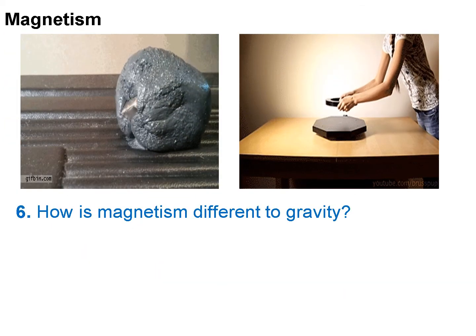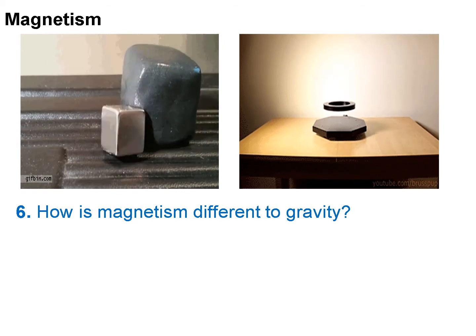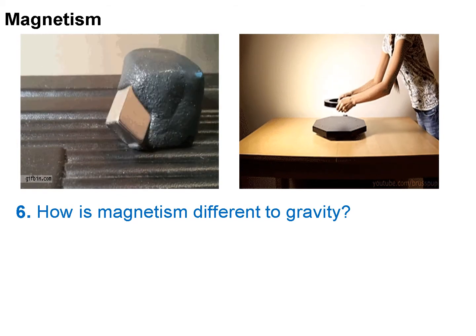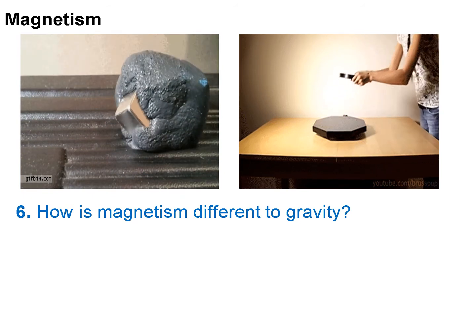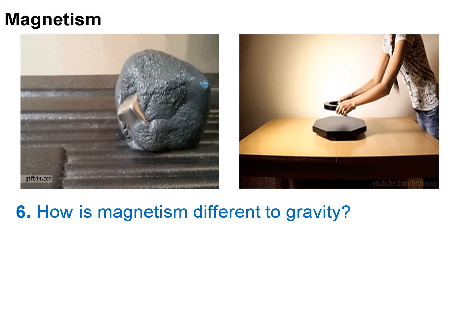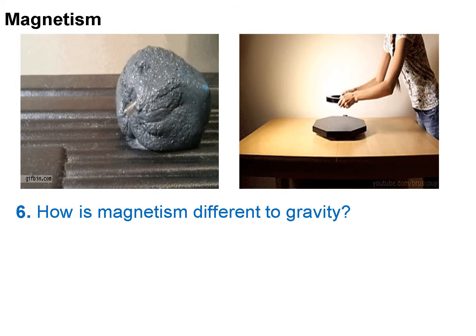Magnets and magnetism. We will look at magnets and magnetism in a later topic. We'll look at them in lots more detail, but just in terms of thinking about the force that they can exert on other objects, how is magnetism different to gravity?